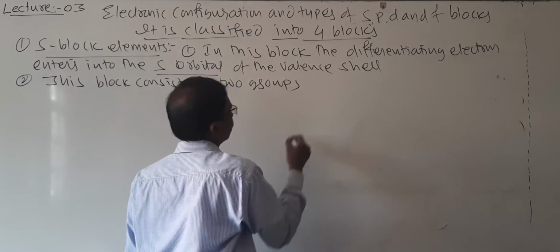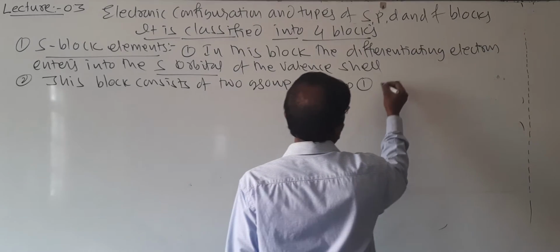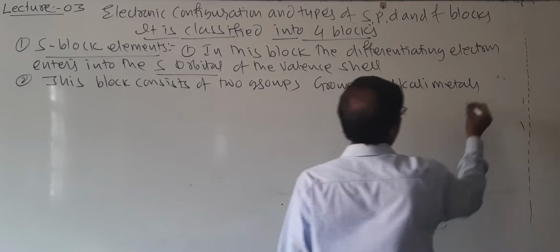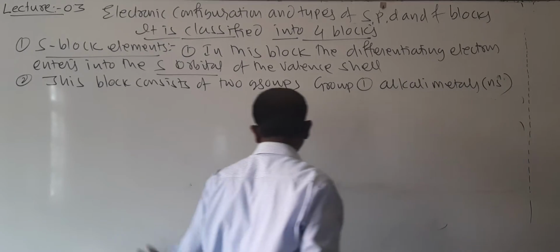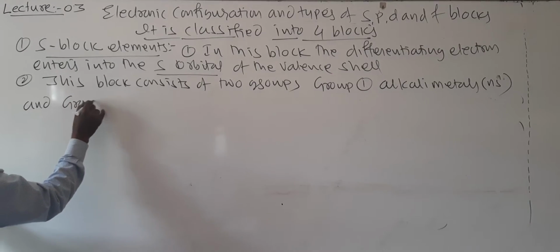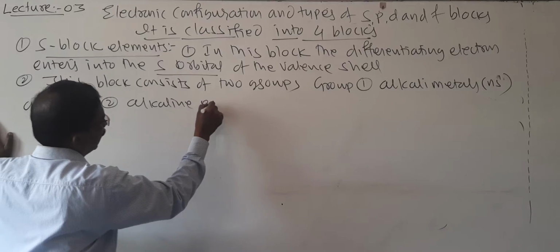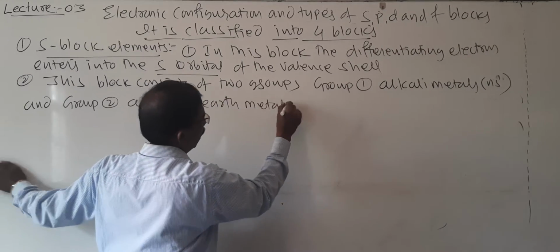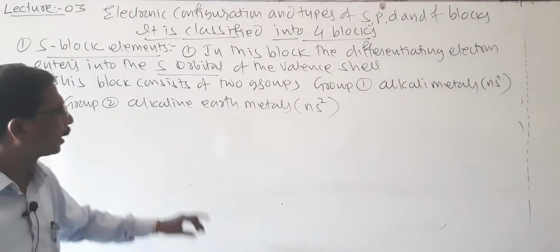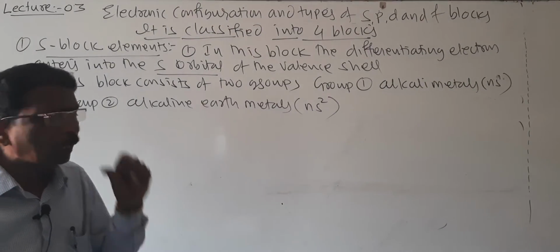Group 1, alkali metals, NS1, and group 2, alkaline earth metals, NS2. Look here students, it contains two groups. Group 1 is called as alkali metals and group 2 is called as alkaline earth metals.